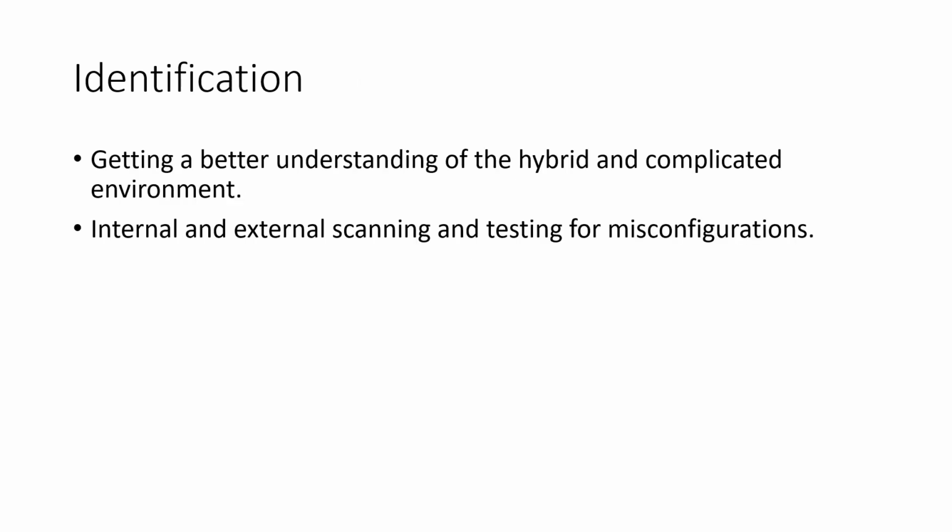To identify these security misconfigurations, there are different aspects, like getting a better understanding of a hybrid and complicated environment. To get a better understanding of this environment, a real-time map of the entire ecosystem is necessary to effectively prevent misconfigurations and protect the applications.